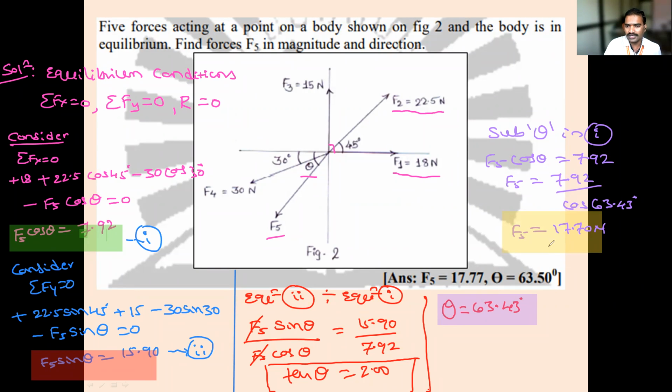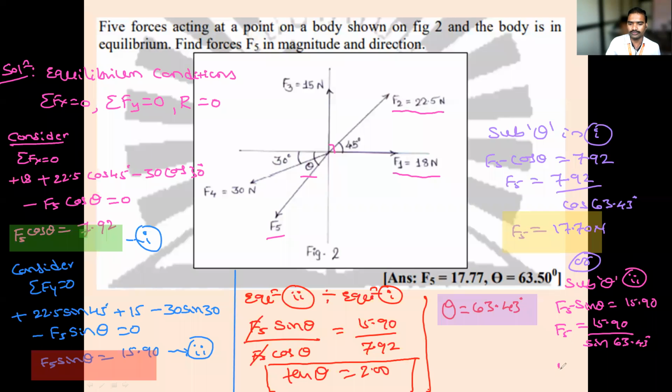Then how to check whether this answer is correct or not? You can also try by substituting theta in equation number 2. In equation number 2, F5 sin theta is equal to 15.90. So F5 is equal to 15.90 divided by sin theta. What is theta? 63.43.